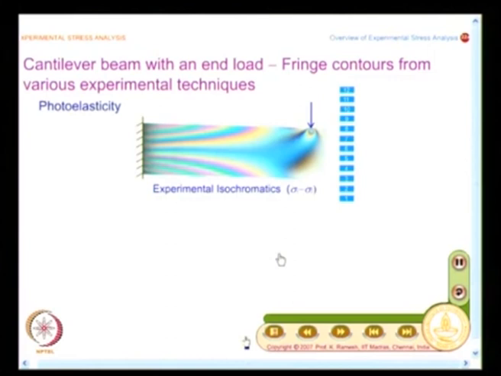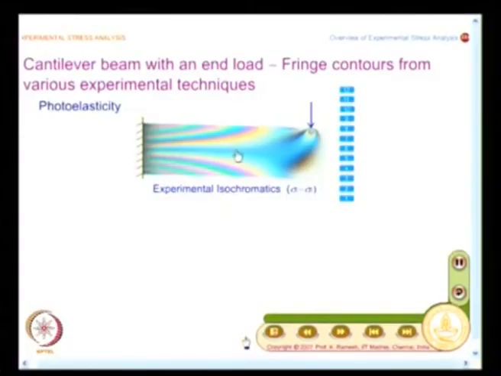As before, I would like you to have a reasonable sketch of these fringe patterns, and what you find here is these fringe patterns are definitely different from what you have seen in a beam under 4-point bending. So, what you find is the stress field is different, which your contours directly bring out.